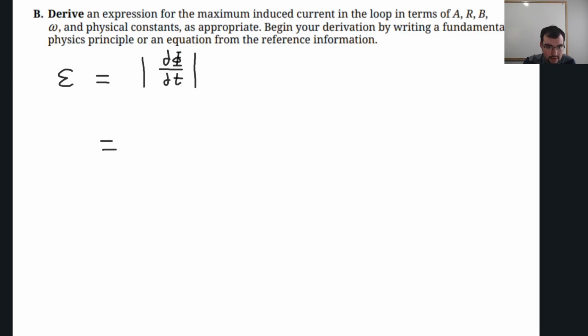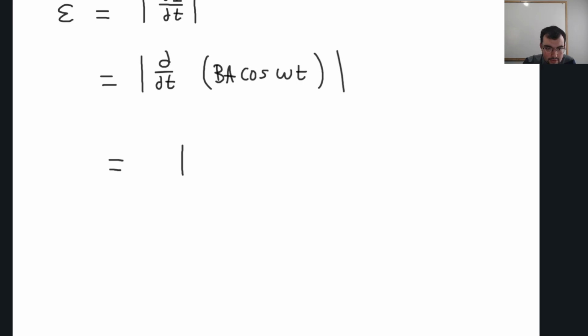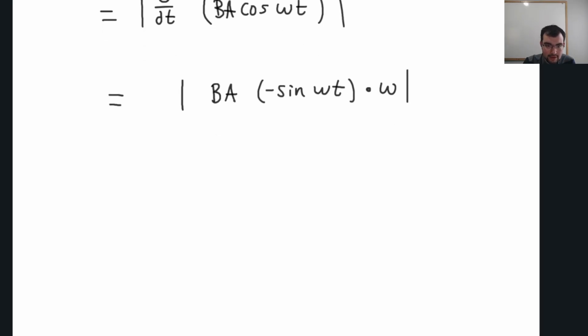So I'm just going to take the derivative with respect to time of BA cosine of omega t. So that would give me the absolute value of BA times negative sine omega t, because derivative of cosine is negative sine, times omega from the chain rule, so I will not forget that. And then I get BA omega absolute value sine omega t.